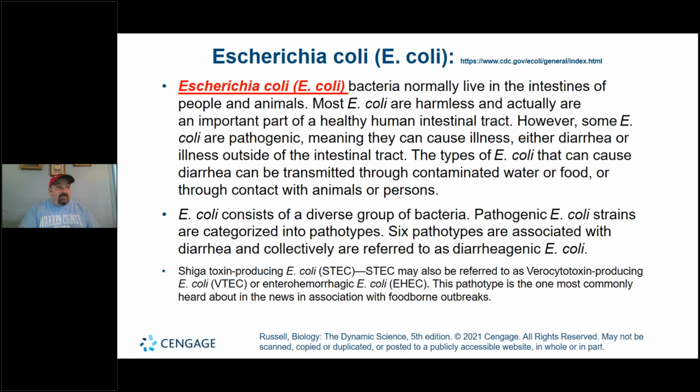Know that we have E. coli present within our digestive tract, within our large intestine, within the colon, and that really is part of our healthy microbiome, which would be the environment in our intestines, in our colon in particular, that contains these microorganisms.